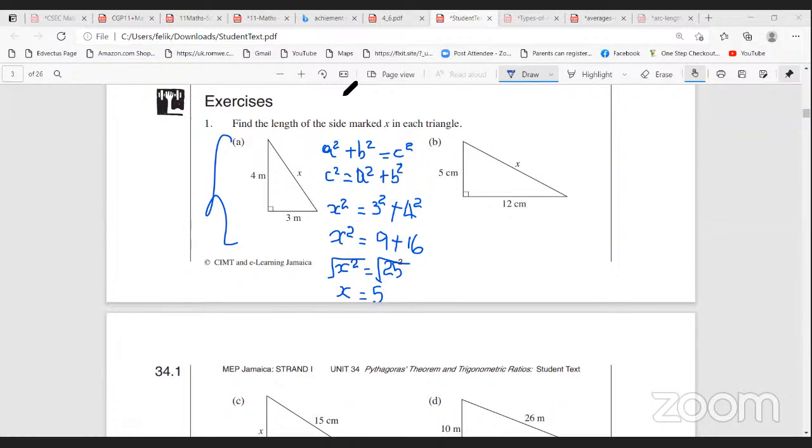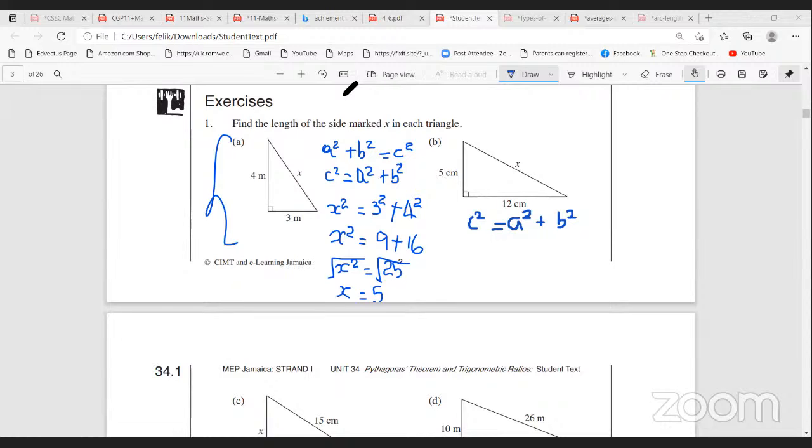Okay. So put back the formula. C squared equals A squared plus B squared, which is equal to... no, wait, I'm going to erase that part.